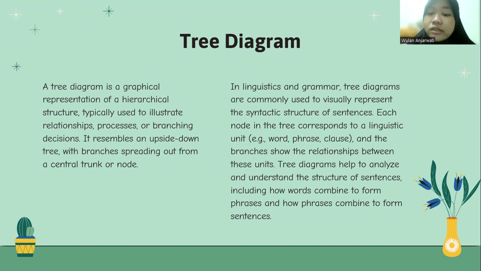Each node in the tree corresponds to a linguistic unit like a word, phrase, or clause, and the branches show the relationships between these units. A tree diagram helps to analyze and understand the structure of a sentence, including how words combine to form phrases and how phrases combine to form a sentence.